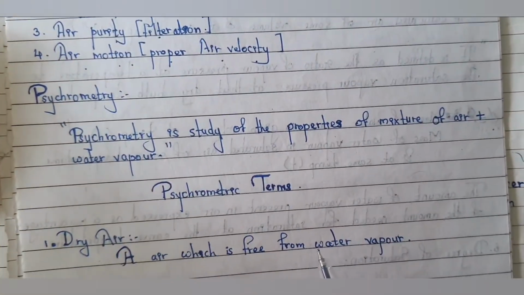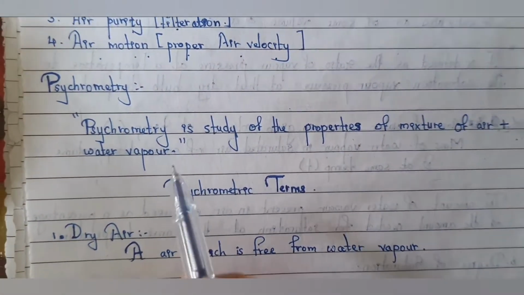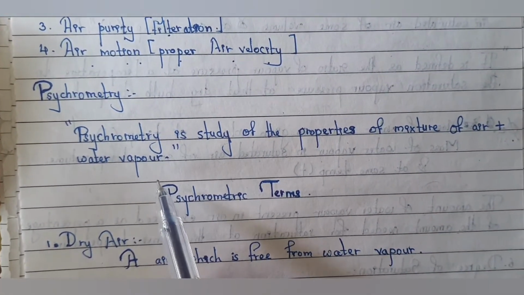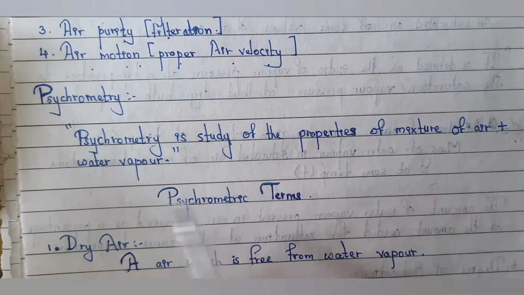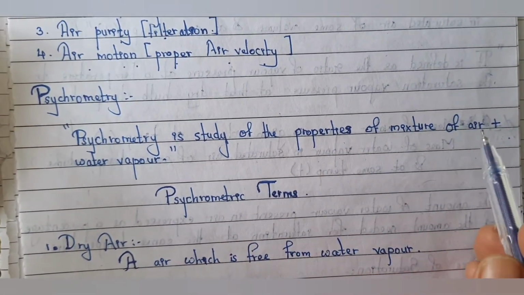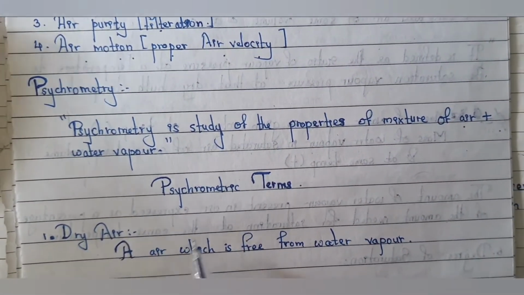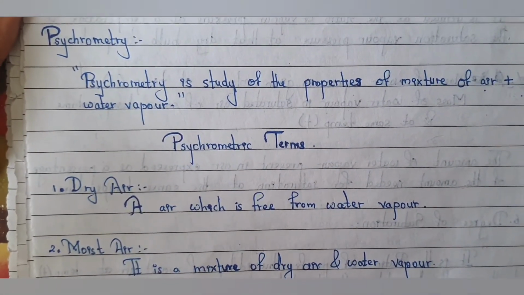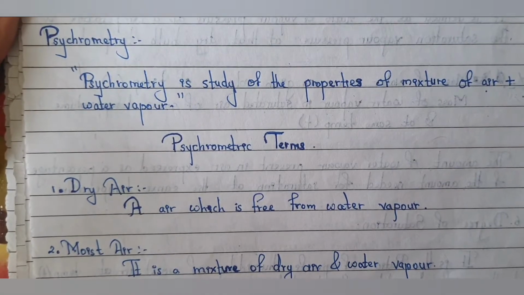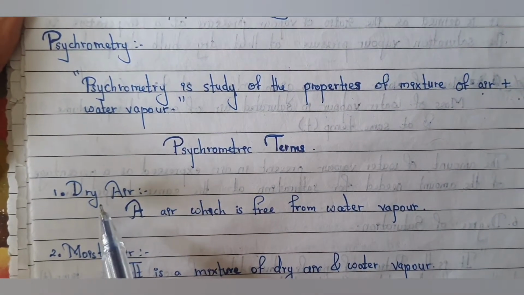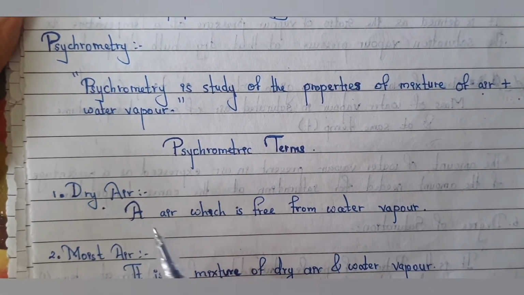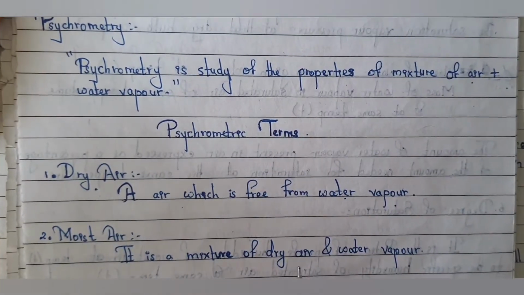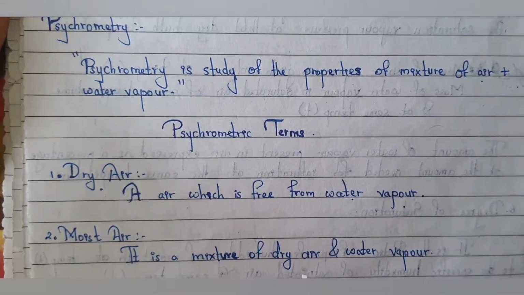Now moving ahead, psychrometry. Psychrometry is the study of the properties of mixtures of water vapor plus air. Psychrometric terms are basically dry air, moist air, saturated air, humidity, etc. First, we are studying dry air. Dry air is air which is free from water vapor, the air in which water vapor is absent.